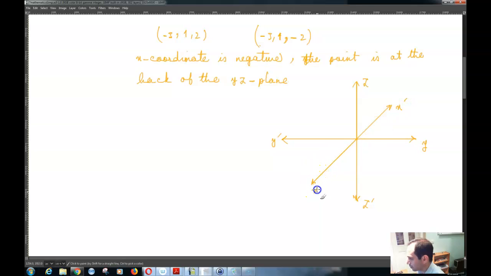Because in different books, people use different conventions, meaning that some people call this the y-axis, some people call this the x-axis, and some people call this the z-axis, which is of course acceptable if you define your coordinate system in that way. There is nothing wrong with that.